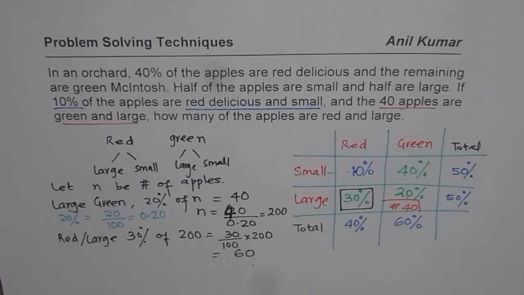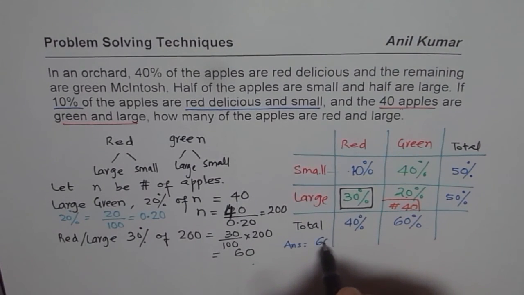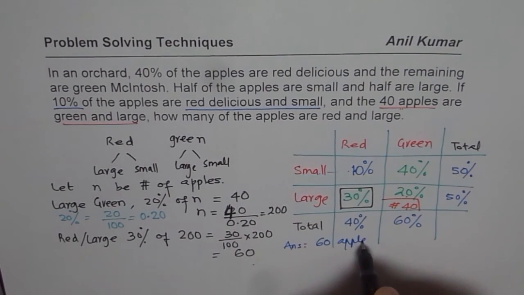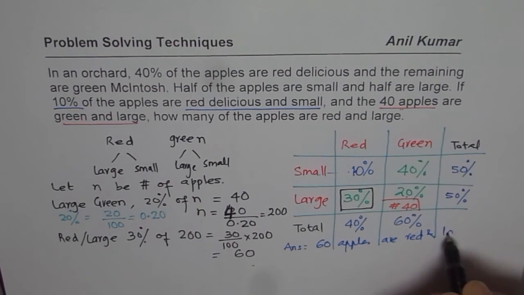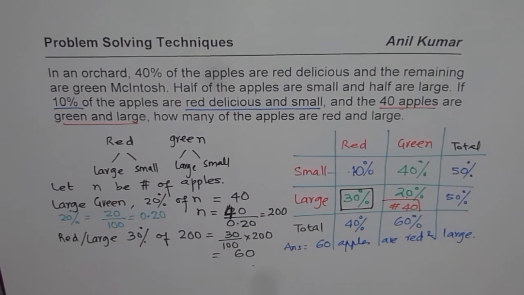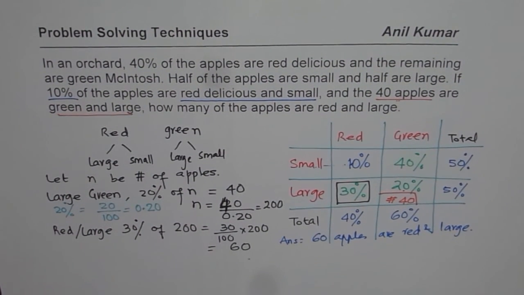Do you see that? So now we can write down our answer, and our answer is that there are 60 apples that are red and large. Do you get it? So that is how, using a matrix or table of values, such questions can be solved.